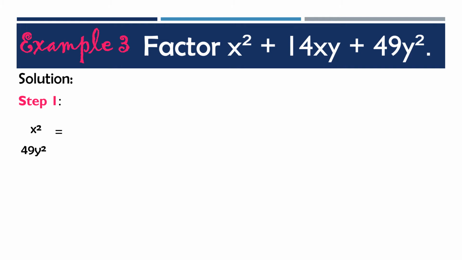X squared can be expressed as x times x. Then, it can be written as the quantity x raised to 2. How about 49y squared? It can be factored out as 7y times 7y because 7 times 7 is 49 and y times y is y squared.